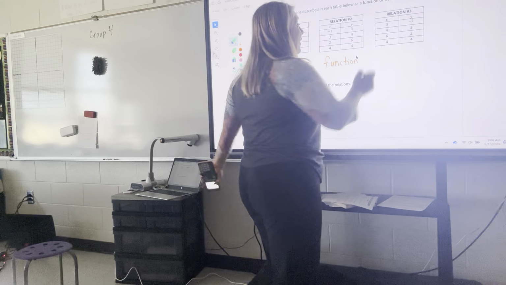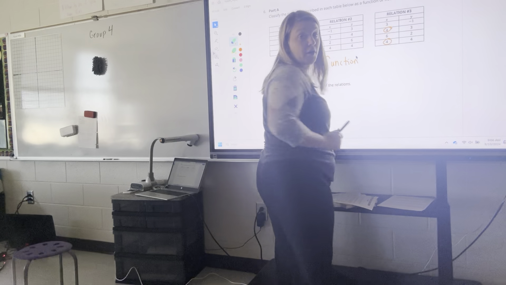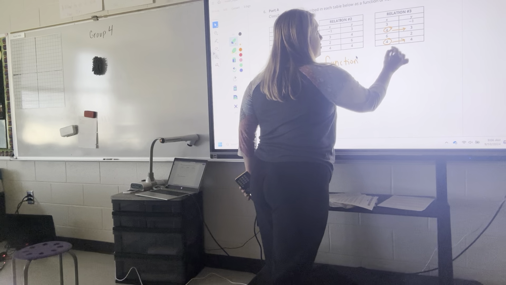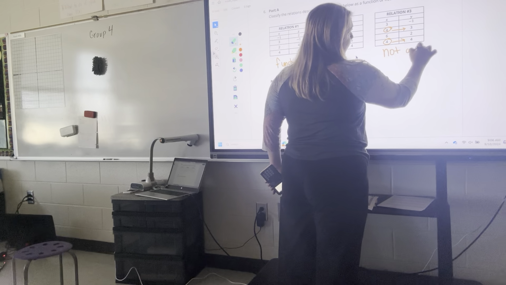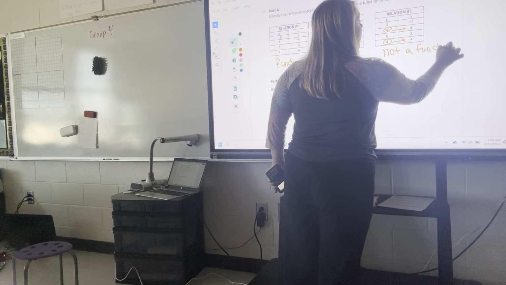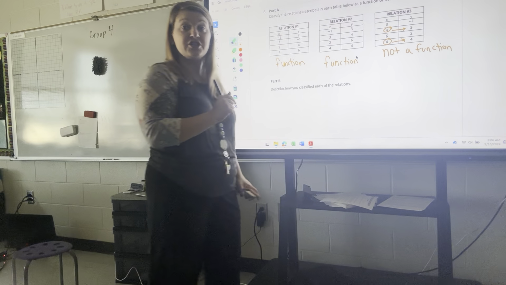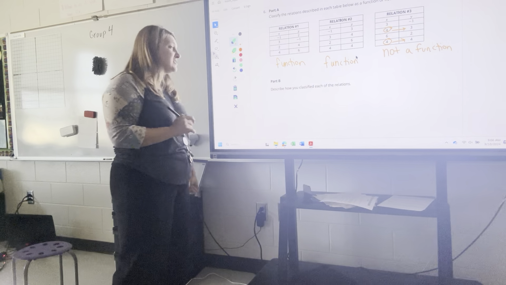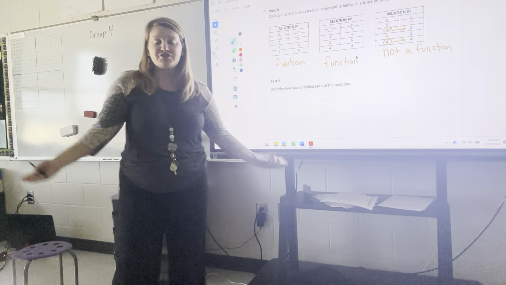Well, over here, we have 2 x's, 4. We want to make sure they go to the same number. And guess what? They don't. So this is not a function. Okay? So relation 1 and 2 are functions. Relation 3 is not a function. Okay, now it says describe how you classified each of the relations.